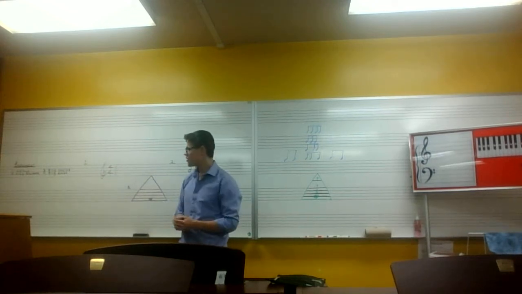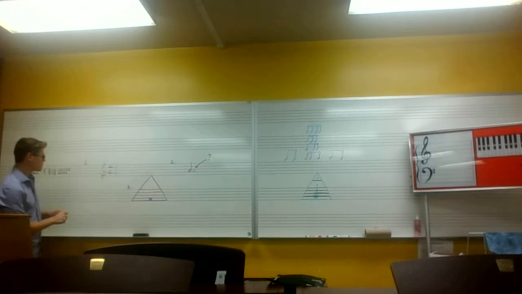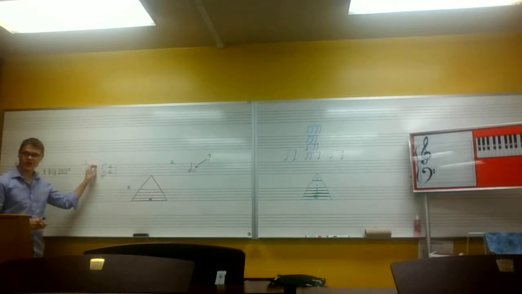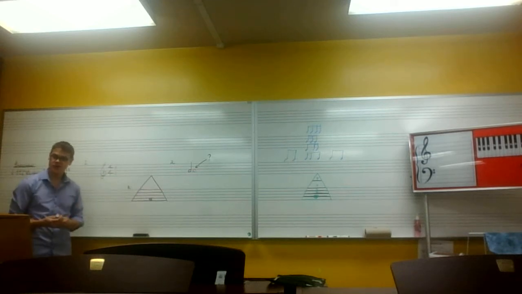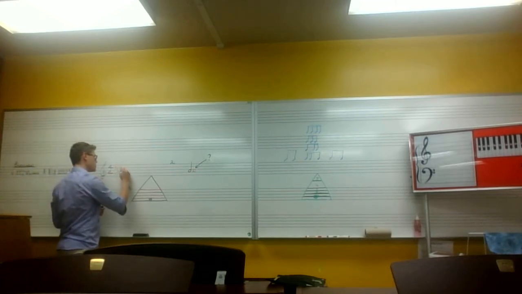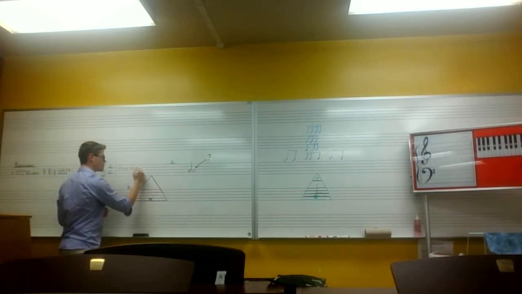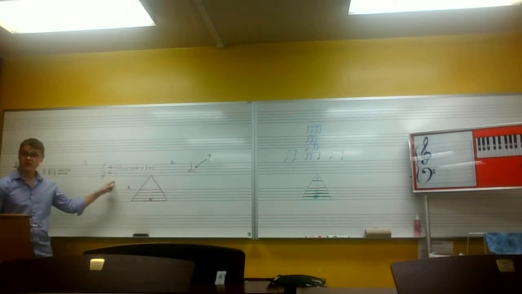Okay, to start with, why don't we just go over what exactly it means, each number in a time signature. So what about the top number? What does that mean? Anybody? How many beats in a measure? Great. The bottom number?